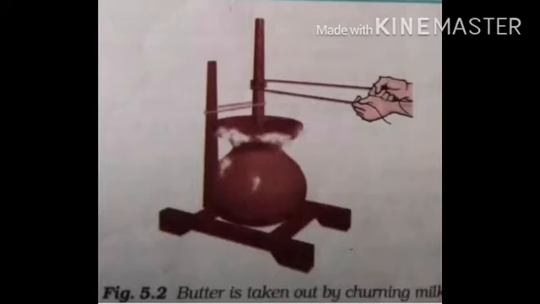Churning can be done by hand using a stirrer or by using a mixer commonly called mixie. In the past, as you see in the figure, this article was used for separating butter from milk at home. Nowadays, we can use a mixer grinder for taking out butter from the milk.